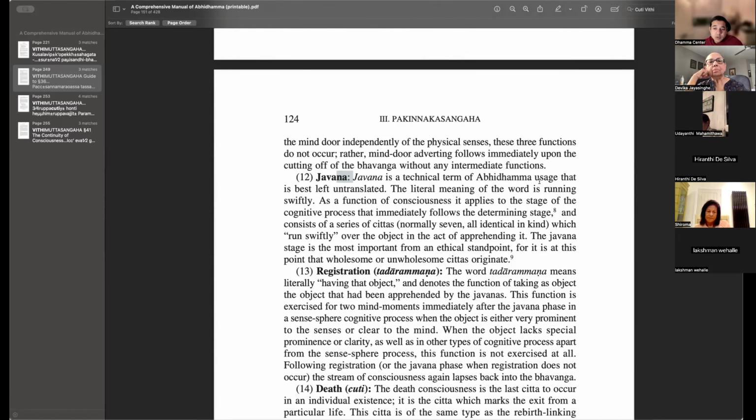Did you understand that about the Javanas? Now, when it comes to someone with sharper panna, such as the Buddha, the Javana processes are quite fast.